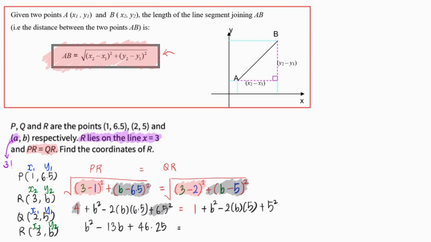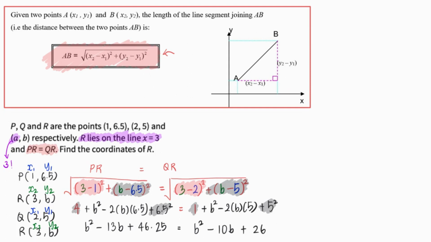On the other side of the equation, I will have b square minus 2 times b times 5 is minus 10b. And again, 1 plus 5 square will give me positive 26.